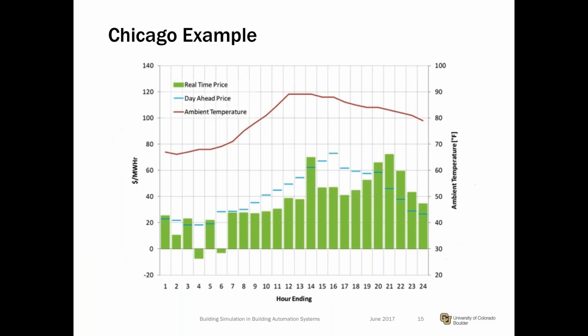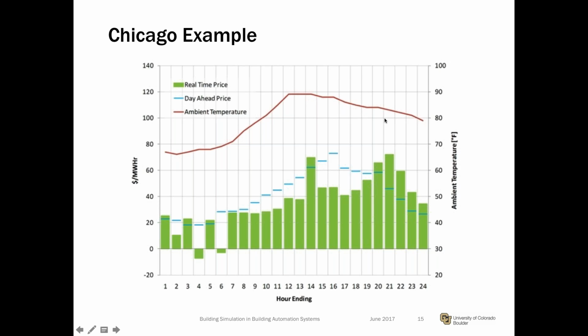So if we look at an example conducted for the city of Chicago, this chart shows the outside air temperature reaching about 90 degrees Fahrenheit, which is on the order of 32 degrees Celsius. In Chicago, it's also humid.